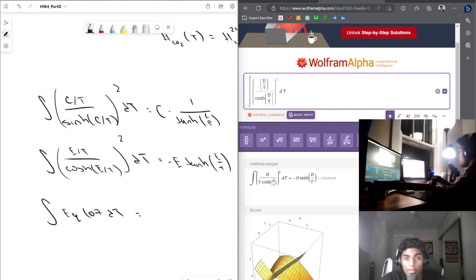Now, the last thing we want to do is the integral of the entire equation 107. So let's take a look at that again.